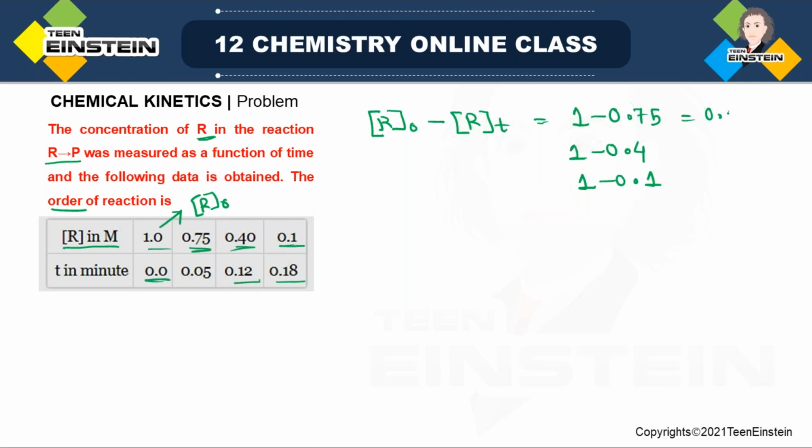So this is 0.25, 0.6, 0.9. This is the change in the concentration of R.